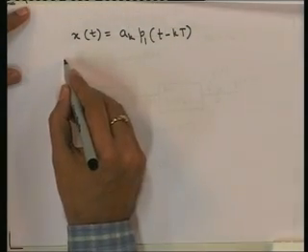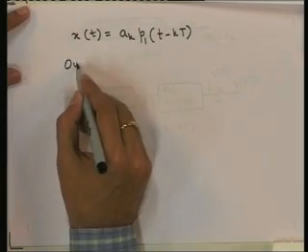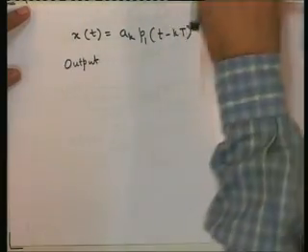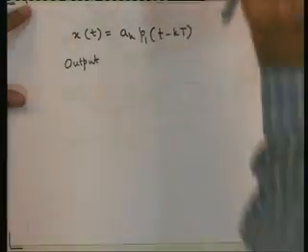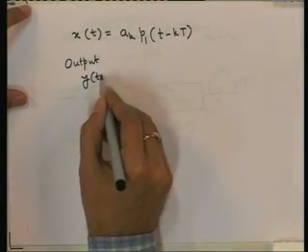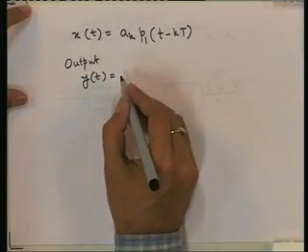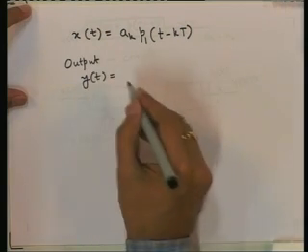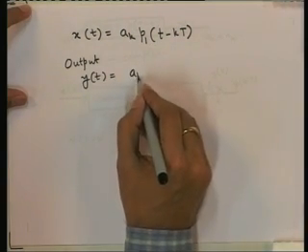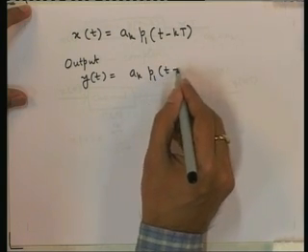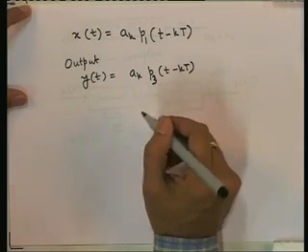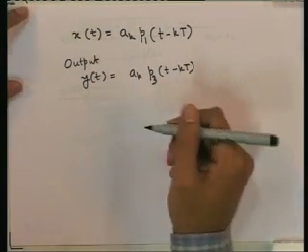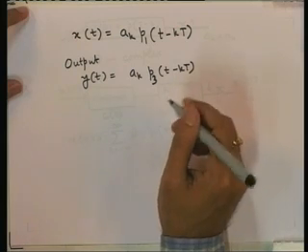Then what will be the output y(t)? Output here, this y(t). Output y(t) is nothing but a_k p3(t minus kT), because p1 will be convolved with c(t) and then with a(t), so that will give us p3.